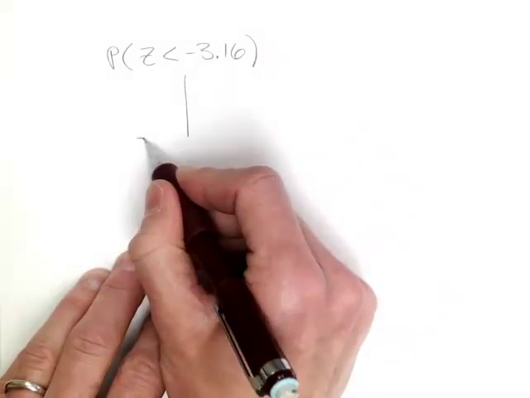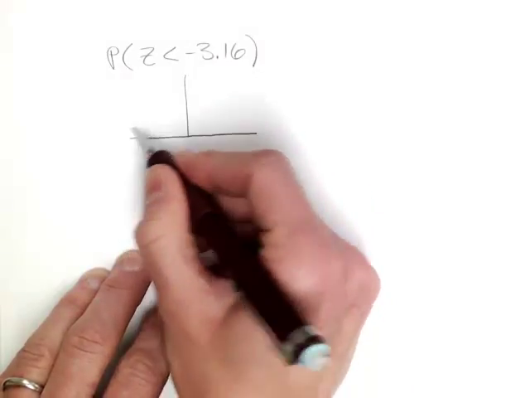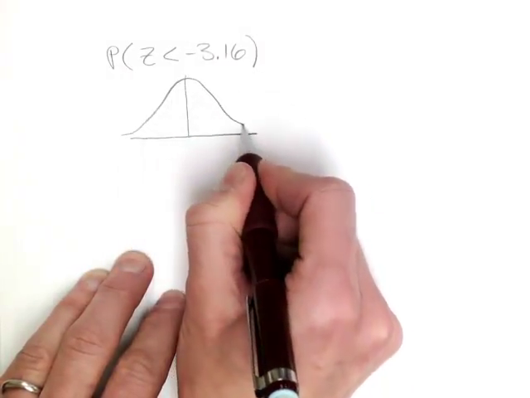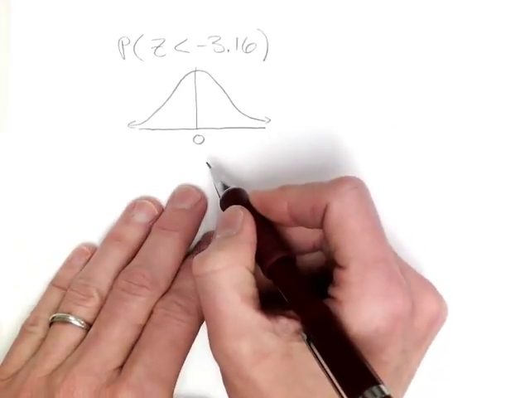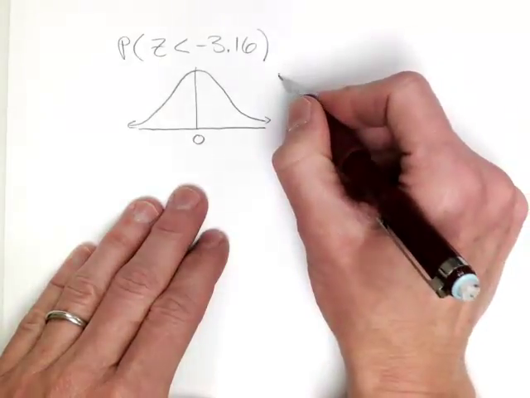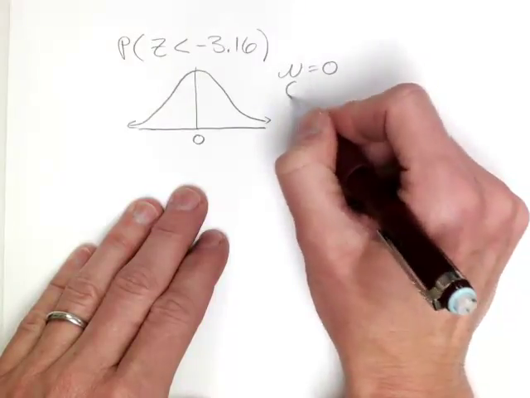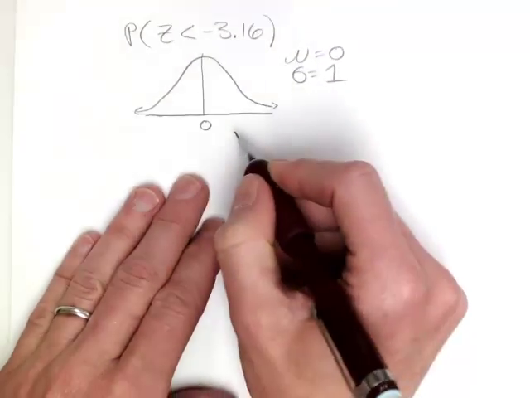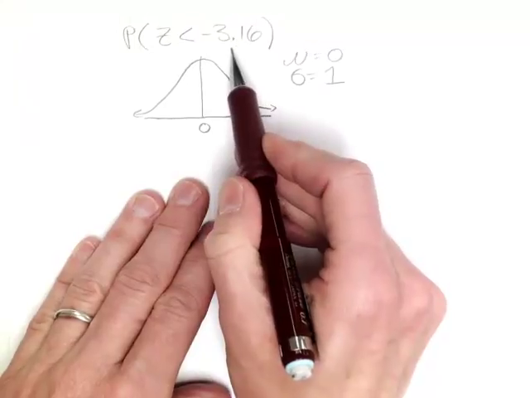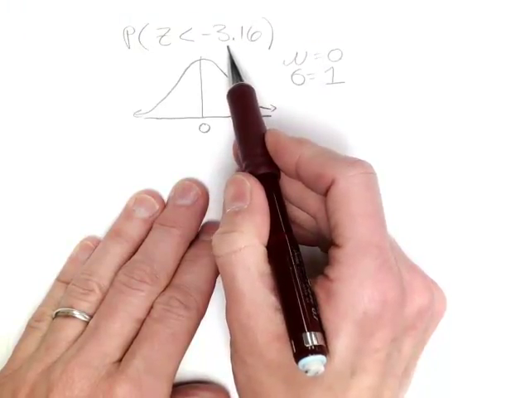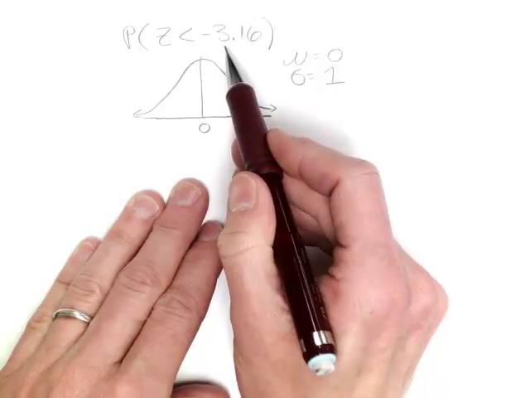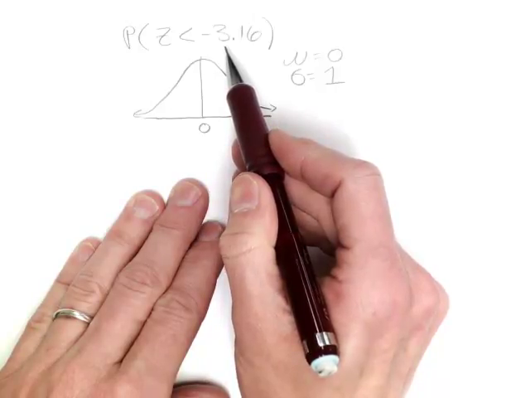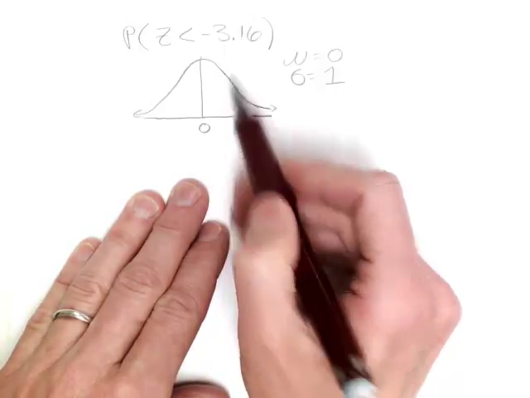So I'm going to go ahead and sketch a bell curve and put the mean of 0, because the standard normal curve has a mean of 0 and standard deviation of 1. What this tells me is I want to know how much area is less than 3.16 standard deviations below the mean.